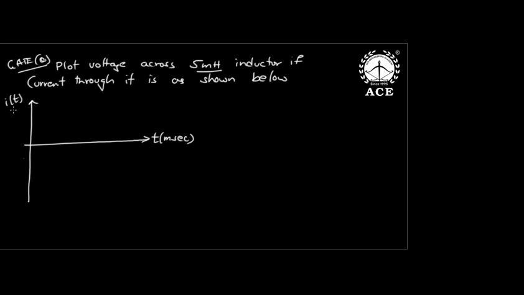Again I am taking the current function only. This is like 0, 3 milliseconds, 6 milli, 9 milli, 12 milli, 15 milli.